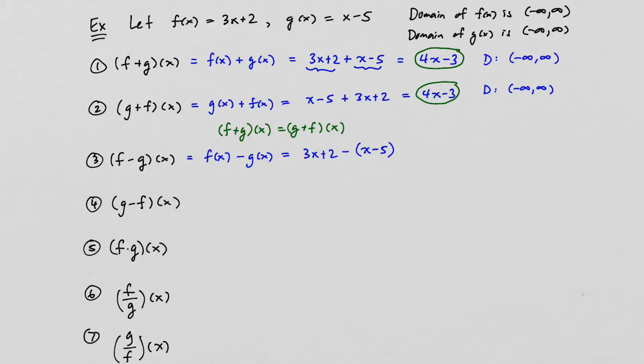And this is because when you subtract something, you have to distribute the negative here. And so this ends up being 3x plus 2 minus x plus 5, which is 2x plus 7. And the domain of this, of course, is all real numbers.